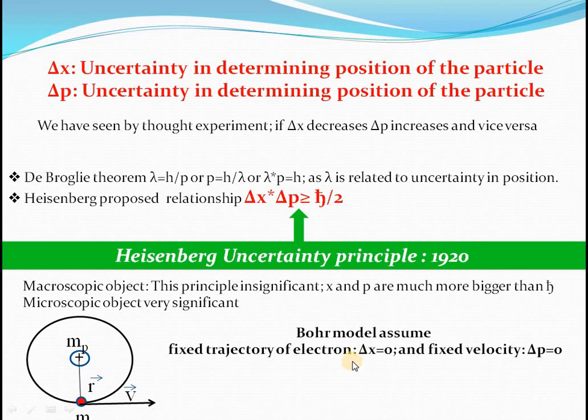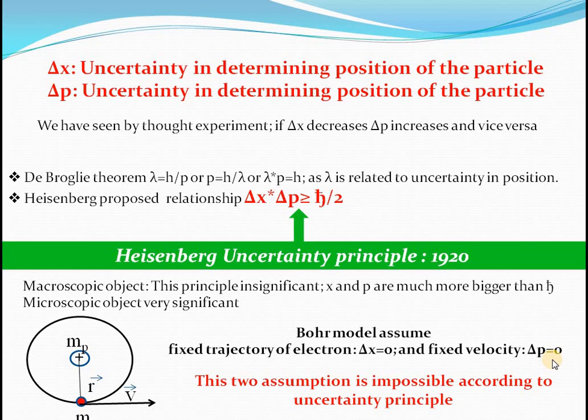So according to the Bohr model, delta x, the uncertainty in determining the position of the electron, is 0, and the uncertainty in determining the momentum of the electron is also 0, which is contradictory to the uncertainty principle, because the uncertainty principle says you cannot determine the exact position and exact momentum of any subatomic particle precisely.